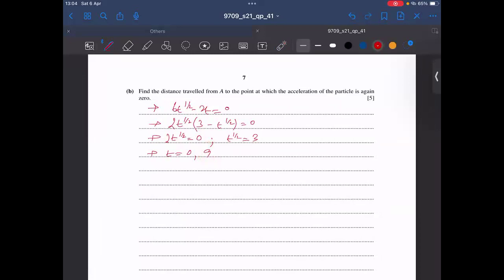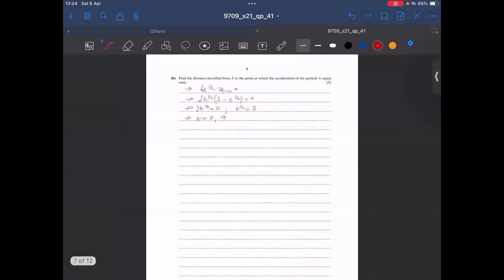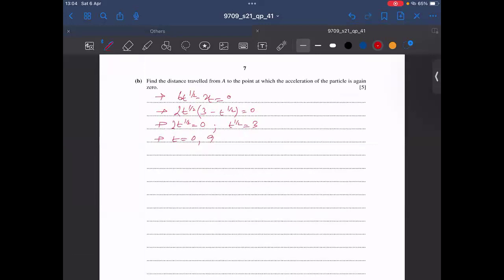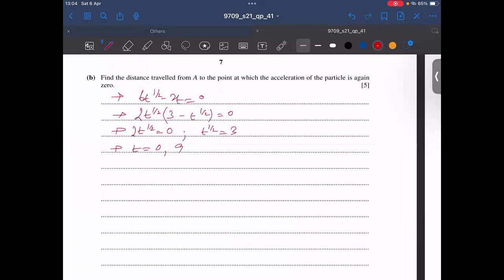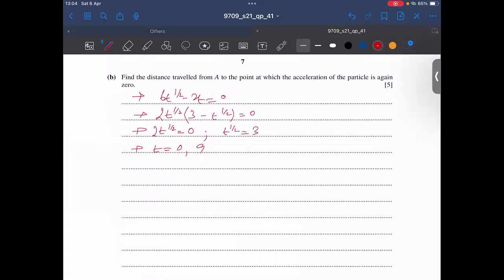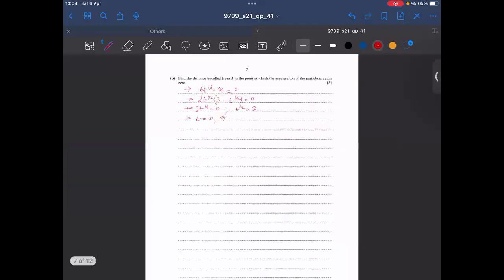All right. And if you look at, okay, so I need to calculate the distance traveled from A. Have I done it correctly? Yeah.